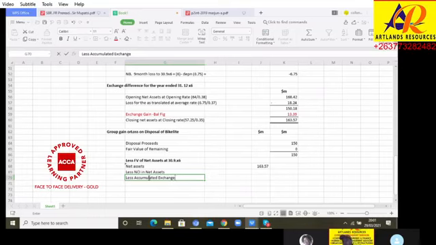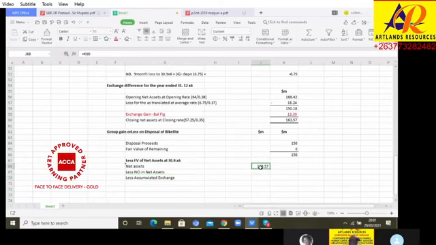So all accumulated exchange differences are reclassified to profit or loss. In other words, we deduct them from net assets or from equity. Remember, all exchange differences were being recognized in other comprehensive income. When you dispose the subsidiary, accumulated exchange differences relating to that subsidiary are also derecognized.